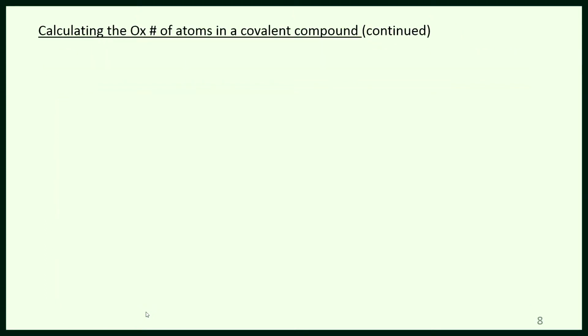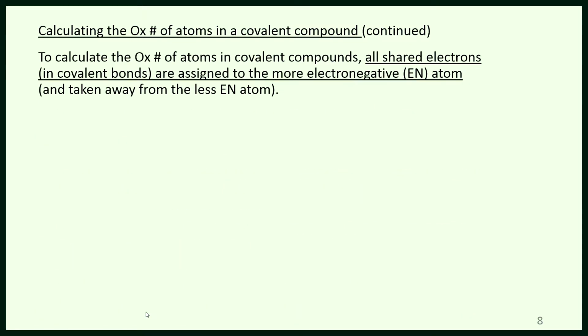So how do we calculate the oxidation number of atoms in covalent compounds? Let's look further. To do this, important rule: all shared electrons in covalent bonds are assigned to the more electronegative atom, and they're taken away from the less electronegative atom.